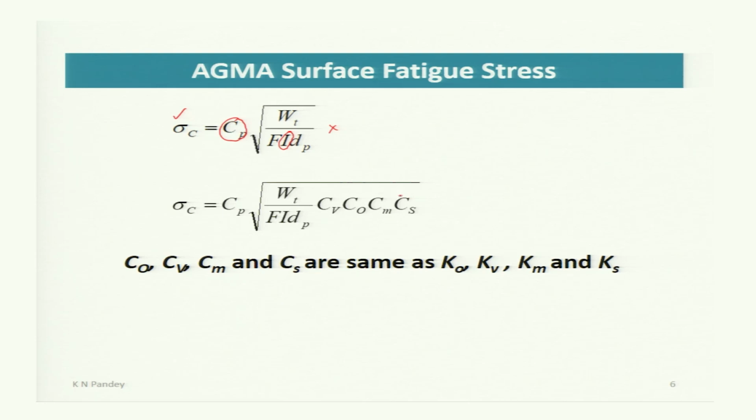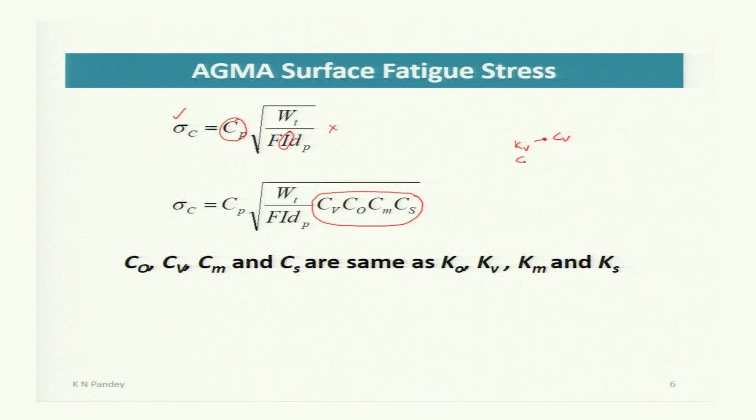So in this case also some correction factors are used and they are called Cv in place of Kv. In the case of bending fatigue, that was Kv. Now it is called Cv, but both are the same and determined in the same way.